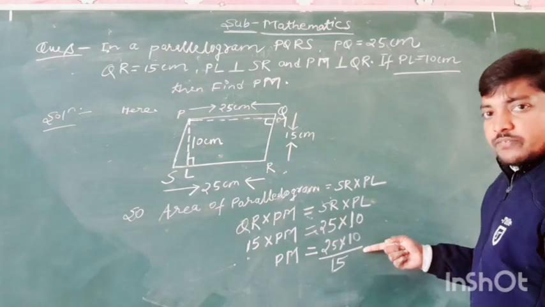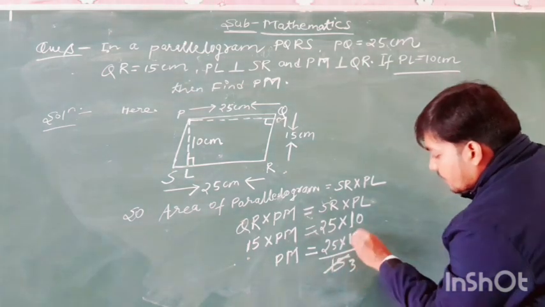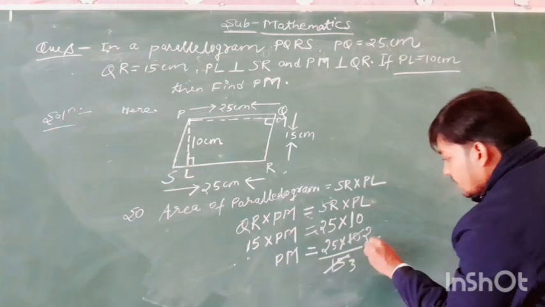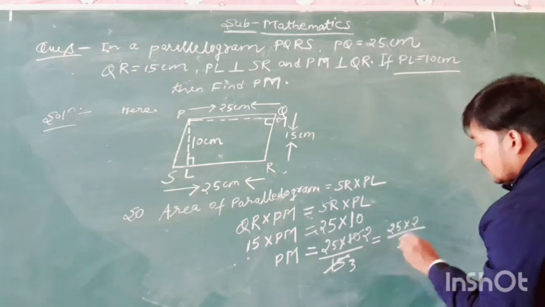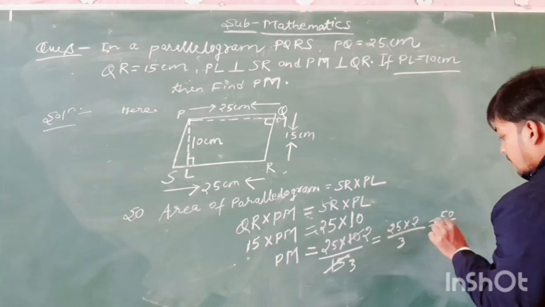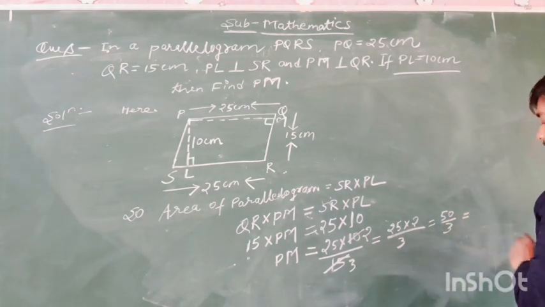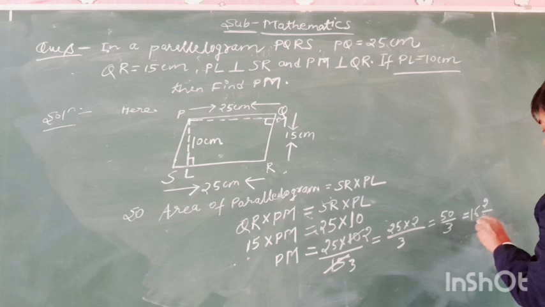Here we have to simplify. 5 3s are 15, 5 2s are 10, which is equal to 25 into 2 upon 3, 25 into 2, which is equal to 50 upon 3, and we have to write 50 upon 3 in mixed fraction, 16 whole 2 by 3 centimeter.